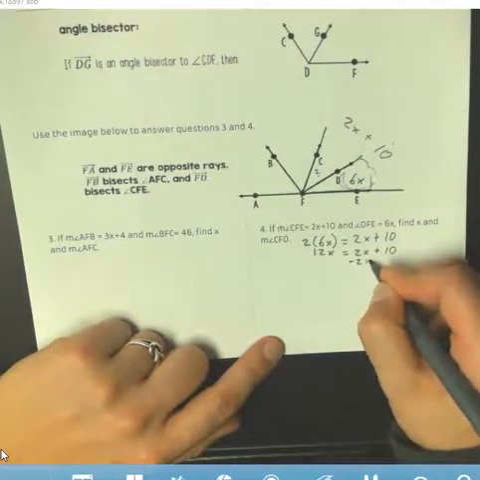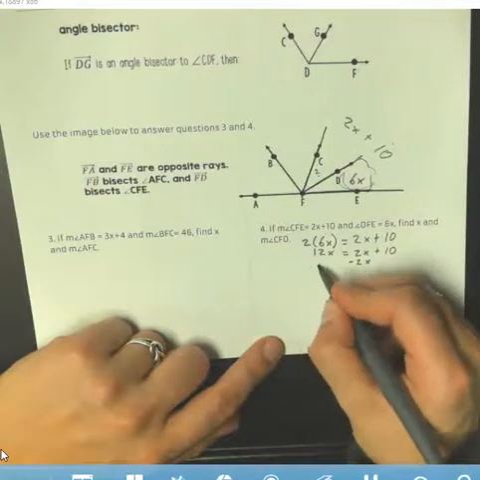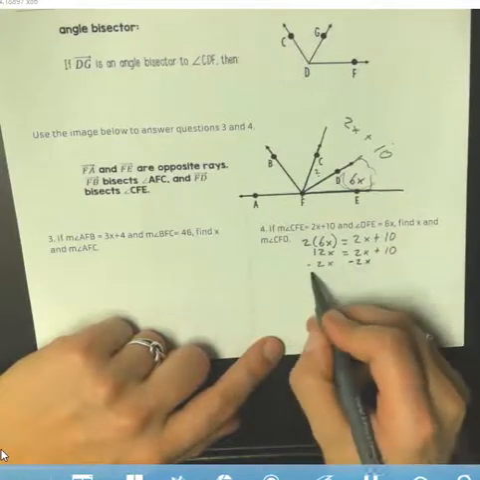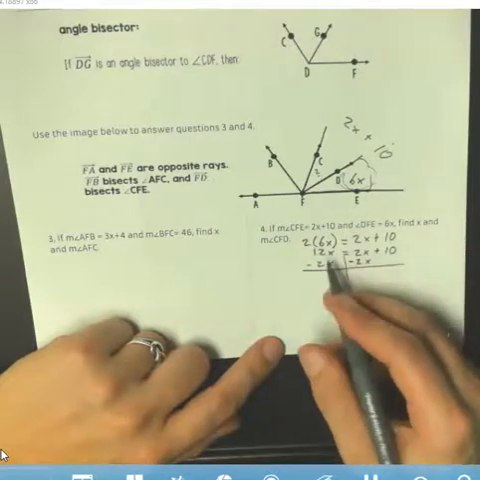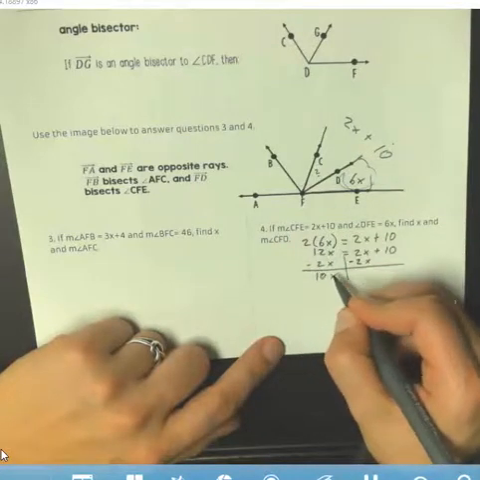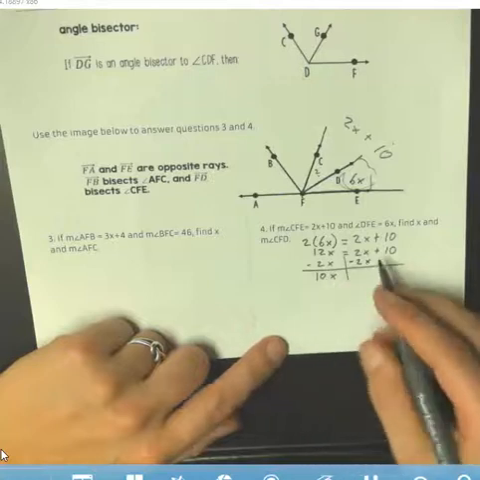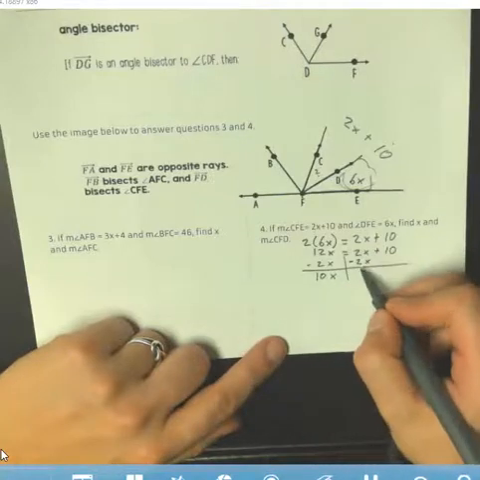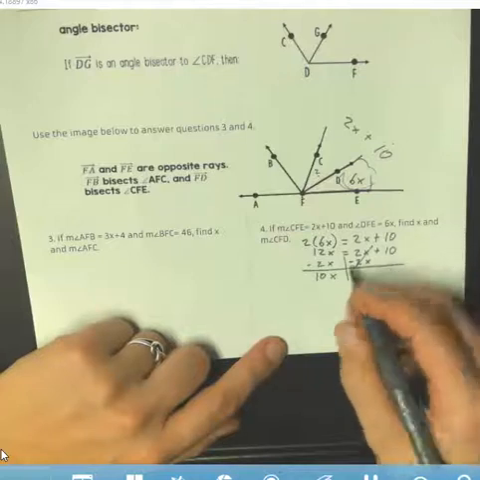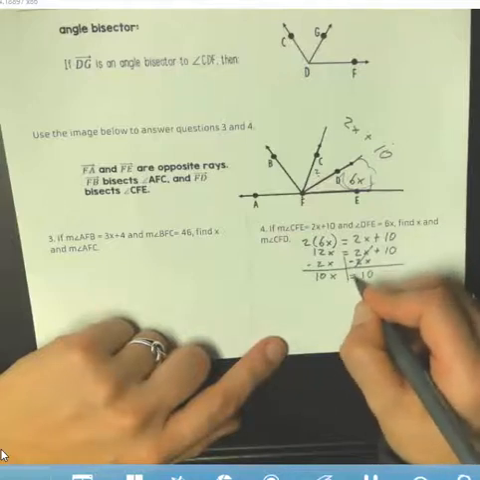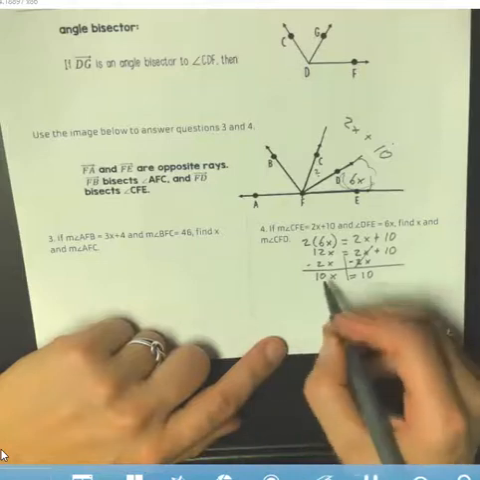So subtract 2x from this side and subtract 2x from this side. So I get 10x, because 12 minus 2 is 10, and this 2x minus 2x cancels out, and then I carry down that 10. So 10x equals 10.